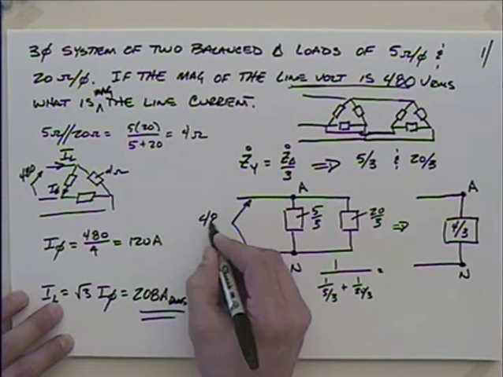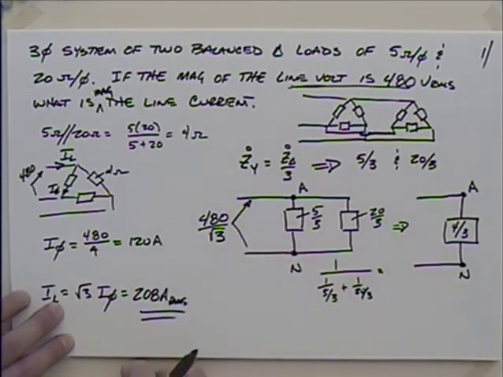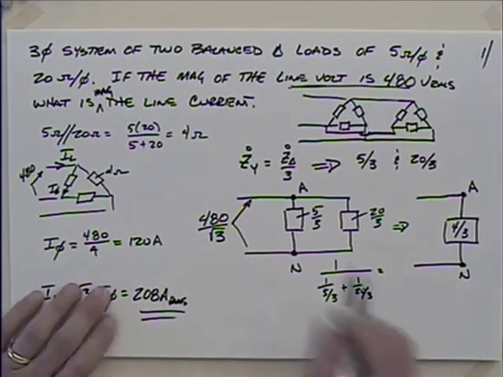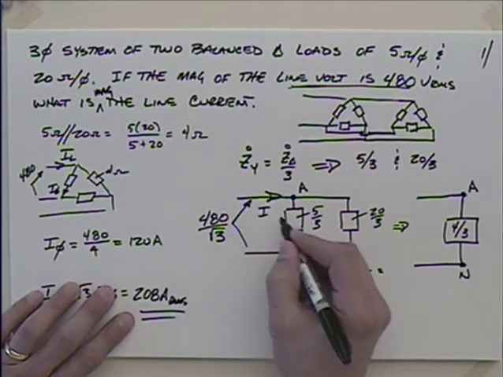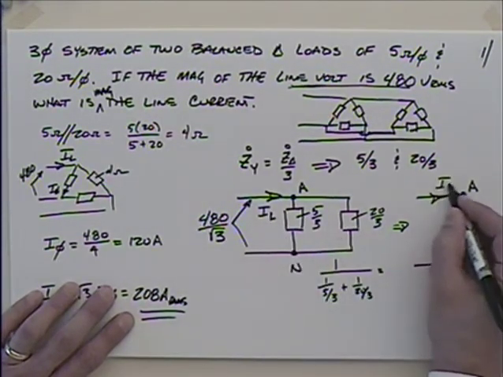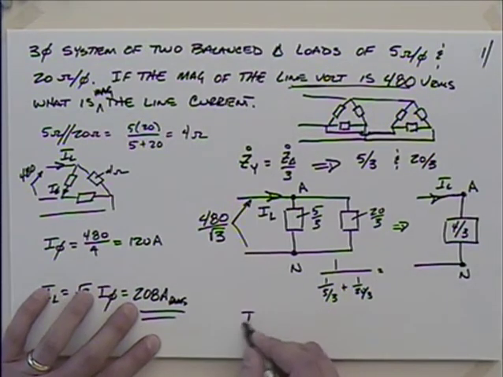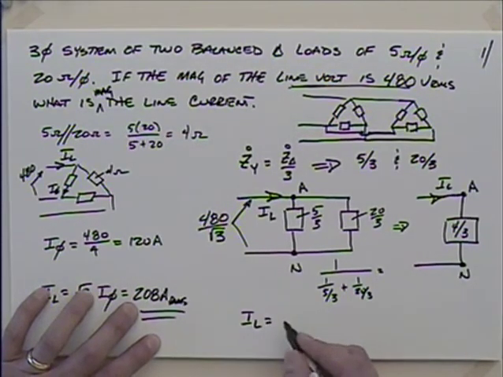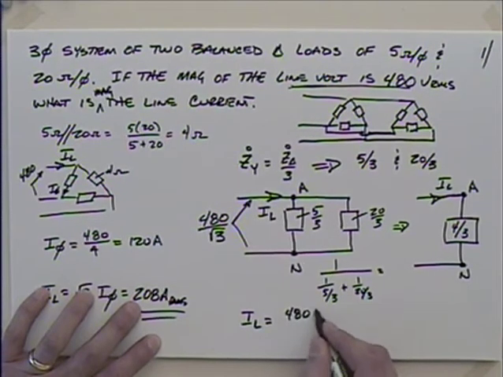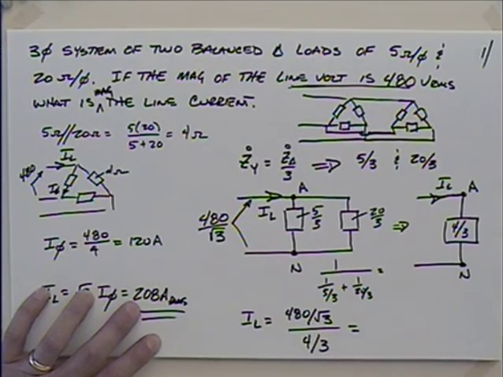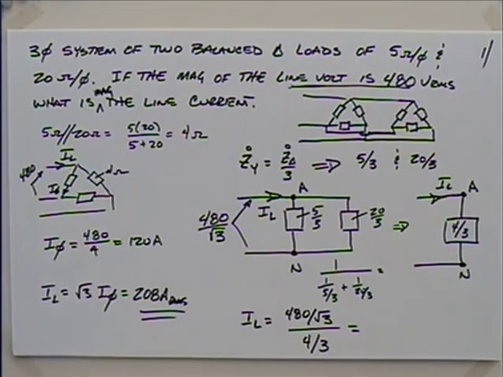Have to be 480 divided by the square root of 3, wouldn't it? Yeah. So now if I want this current, I could say that that was I line. Couldn't I say that I line is equal to voltage 480 divided by the square root of 3 divided by what, 4/3? Does that work out? Yeah, 208.